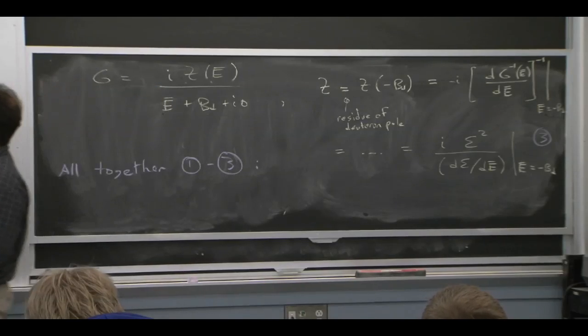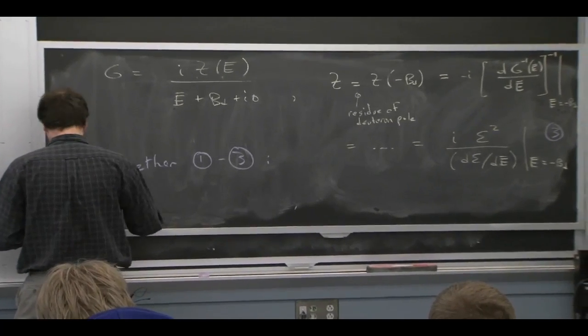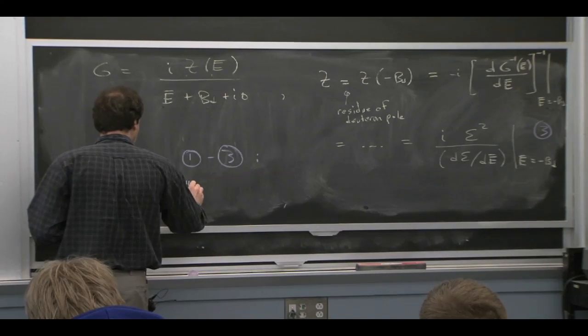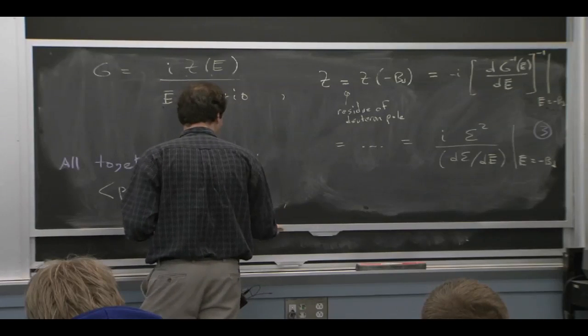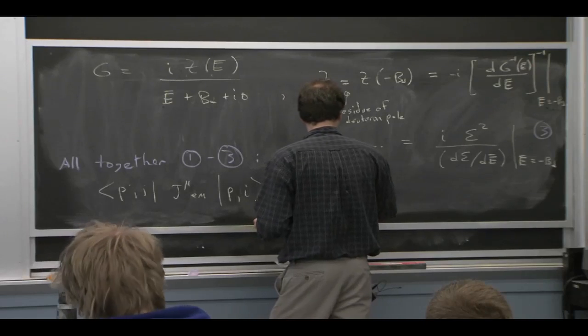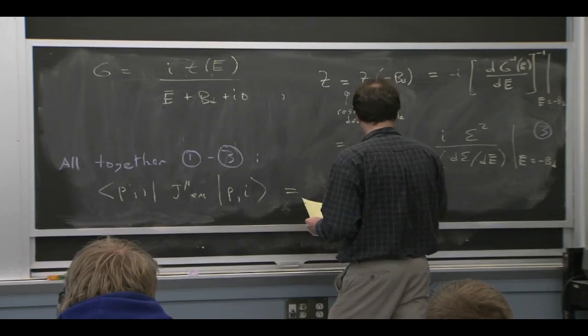Put them into the formula up there, and what we find is that we can write the result using LSZ in a very compact way, just in terms of irreducible things, C0 irreducible things.